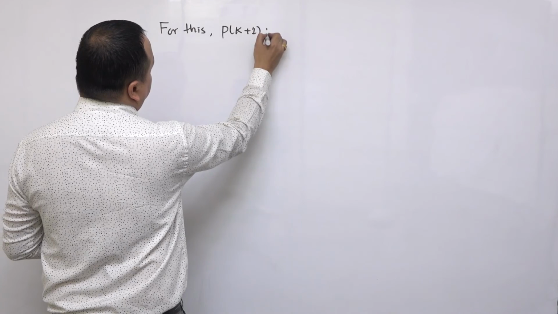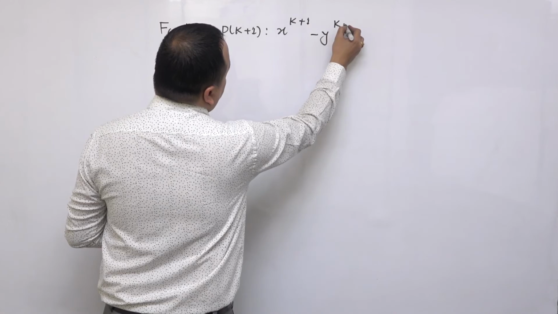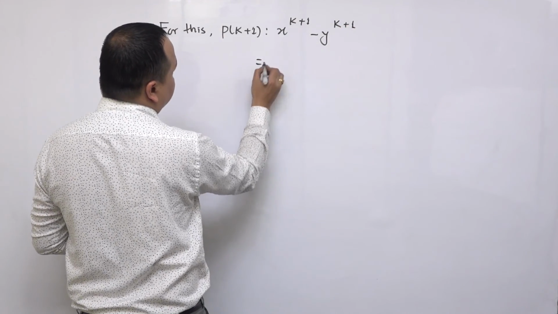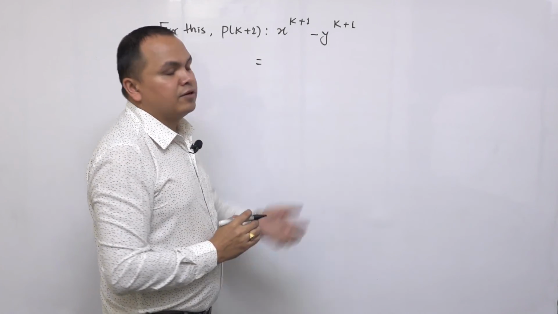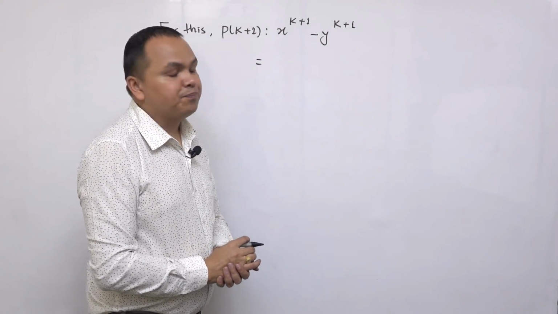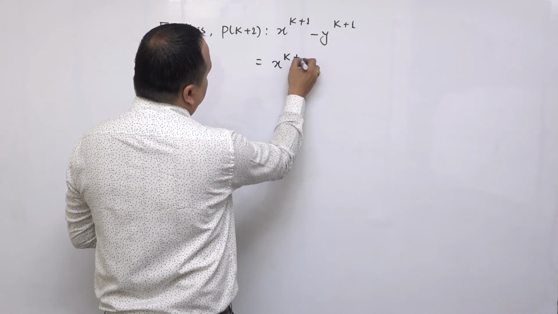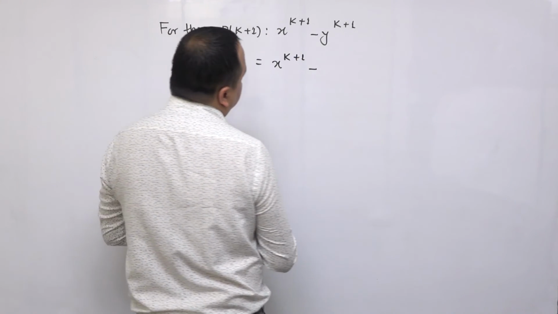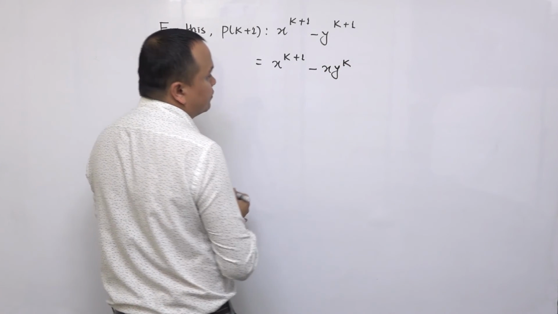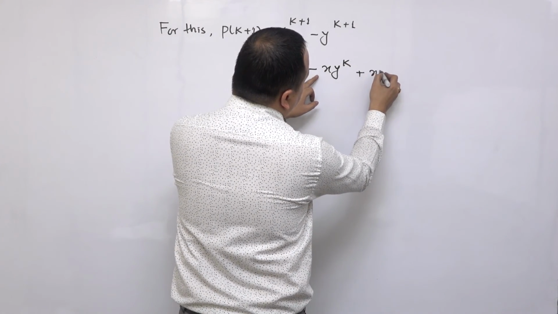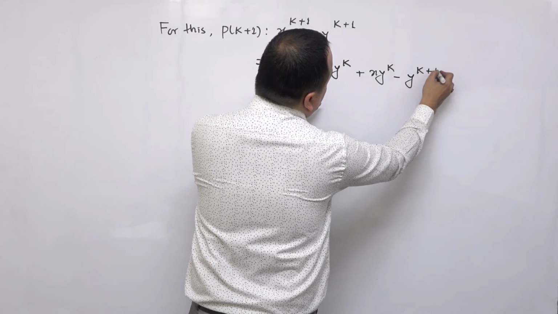For this, Pk plus 1 is x to the power k plus 1 minus y to the power k plus 1. We need to show x to the power k plus 1 minus y to the power k plus 1 is divisible by x minus y. Then x to the power k plus 1 minus x into y to the power k plus x into y to the power k minus y to the power k plus 1.